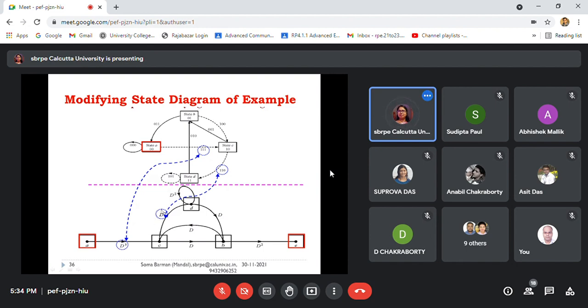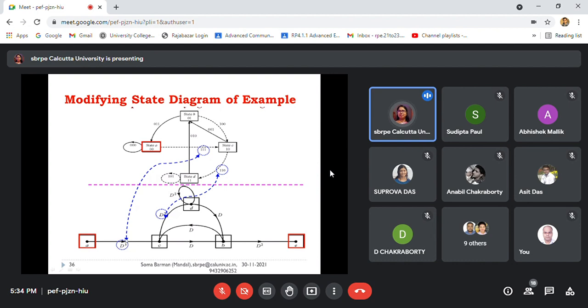Okay. Now D to B. What is the branch gain here? 0, 1, 0. That means only D. Then B to A, this path. So if I choose this path, what will be the total branch gain? d cube, d square, d and d square.